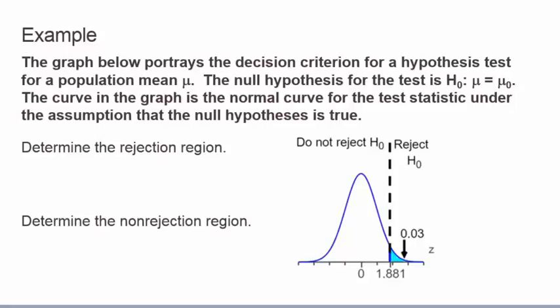Assume, again, the curve in the graph is the normal curve for the test statistic under the assumption that the null hypothesis is true. So in our picture, we have a value for z that is 1.881, and we have an area to the right that is 0.03.